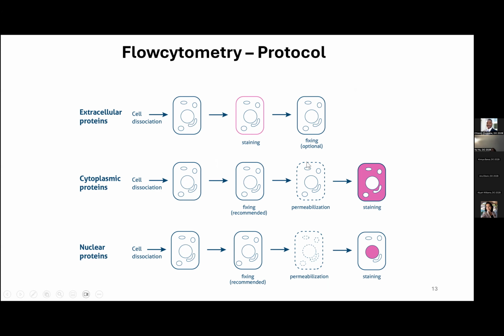You can see small pores in the membrane, then go for staining. And if you are looking at nuclear protein, then cell suspension, fixing, permeabilization, and staining. The antibody will go and bind to the nuclear proteins. So that's how the flow cytometry protocol works.